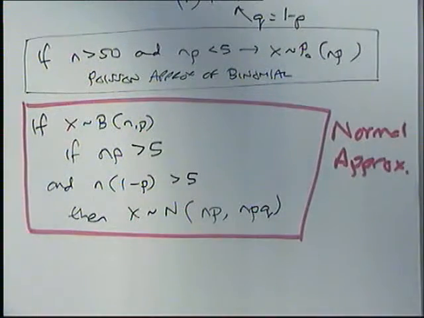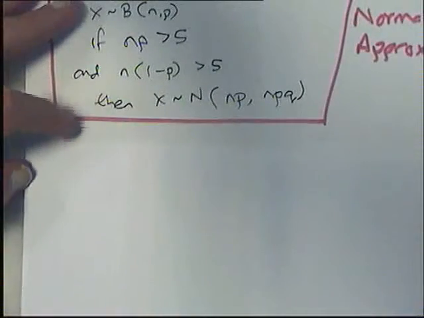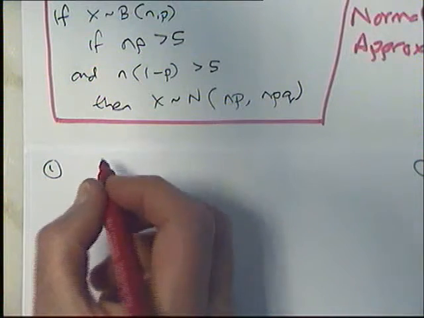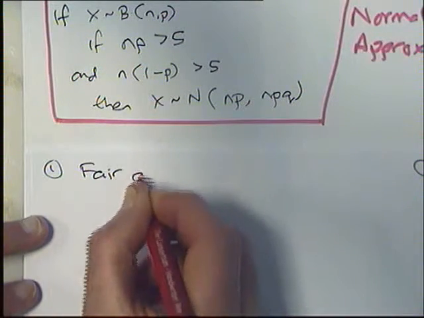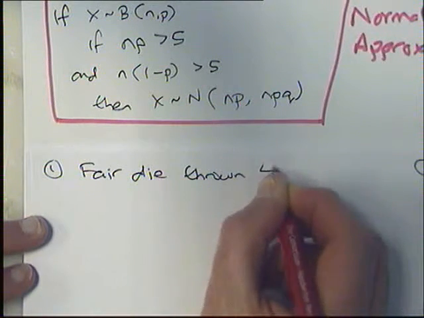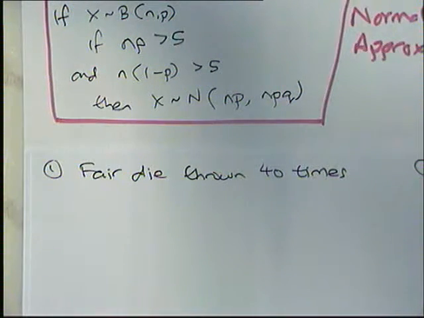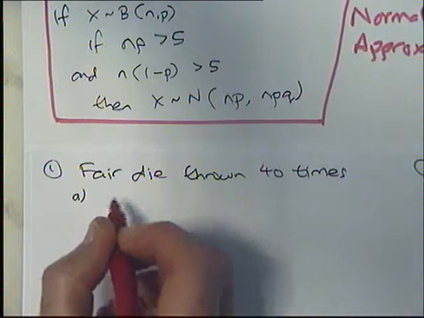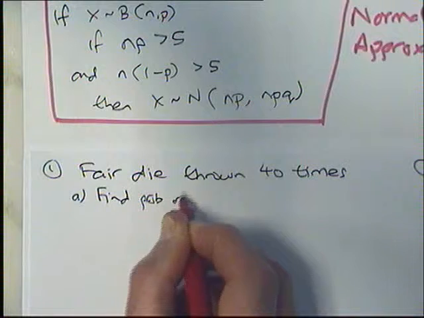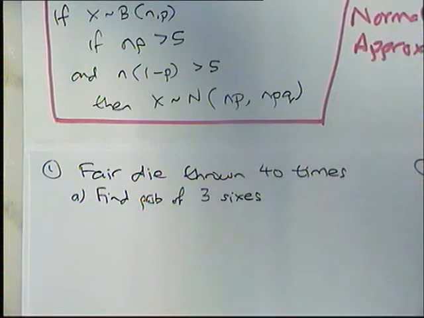Okay, so if we go into an example, we'll see how this works. We'll call this example 1. We have a fair die which is thrown 40 times, and we're going to answer the question, first of all, find the probability of getting 3 sixes.